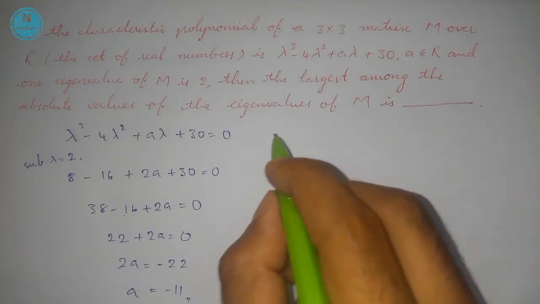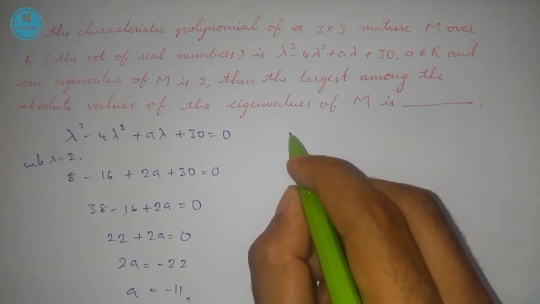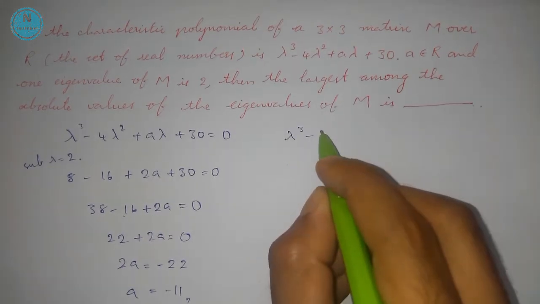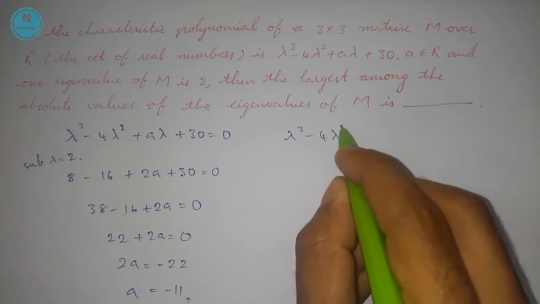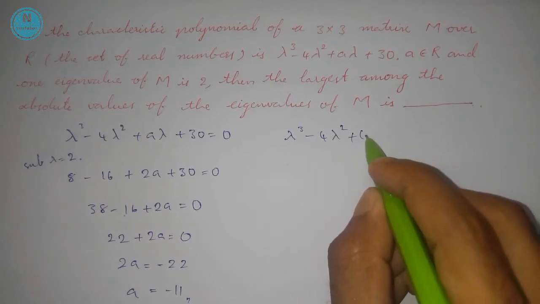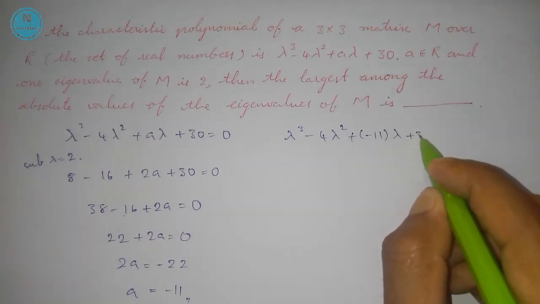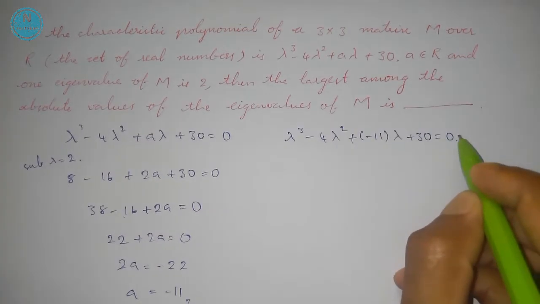Then the characteristic polynomial equation is lambda cube minus 4 lambda square minus 11 lambda plus 30 equal to 0.